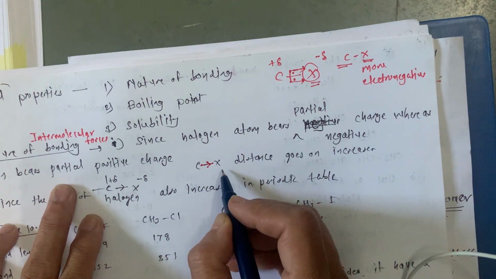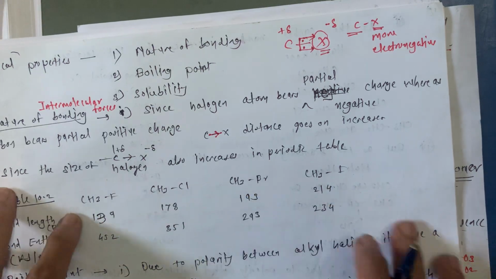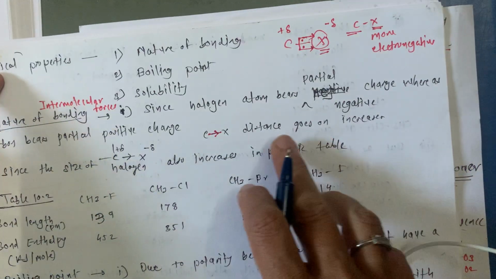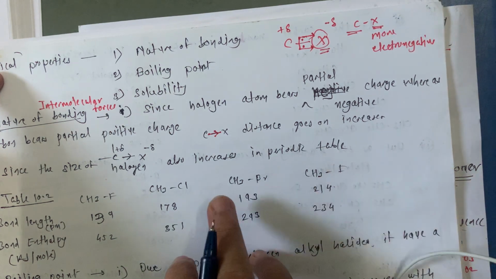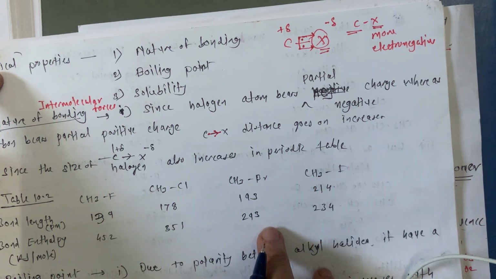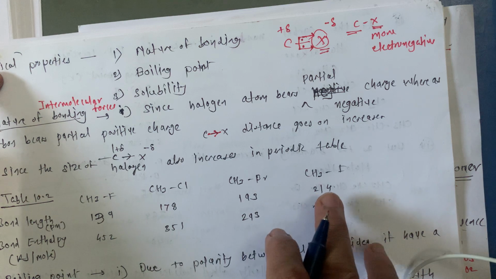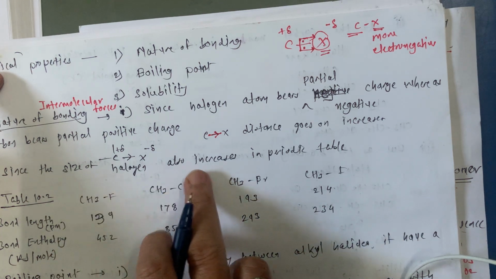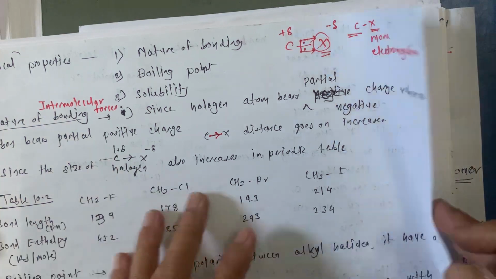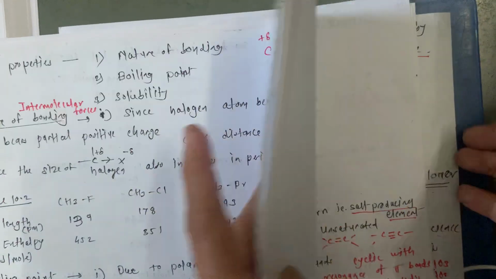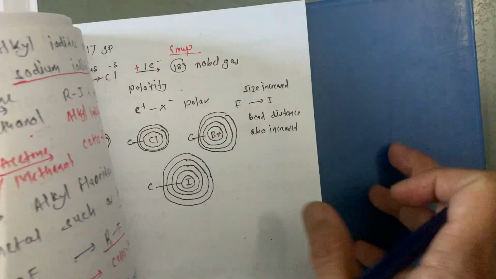Now, depending upon the size of the halogen, this nature of bonding is different. We know that the size of halogens increases down the group in the periodic table. How is this so?